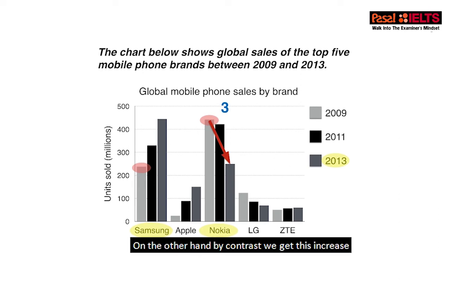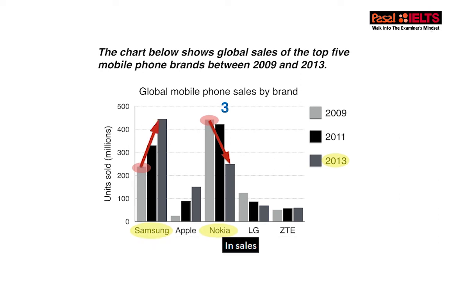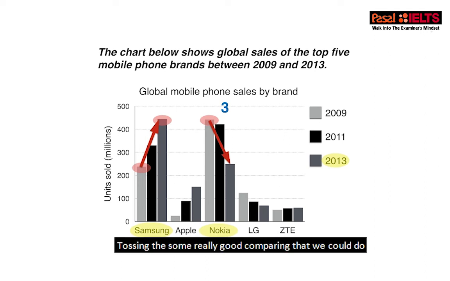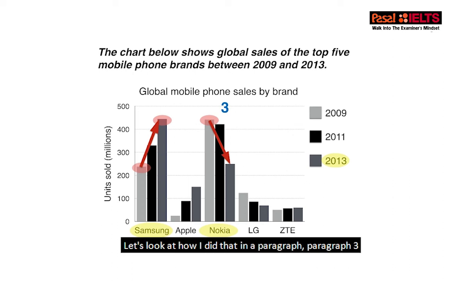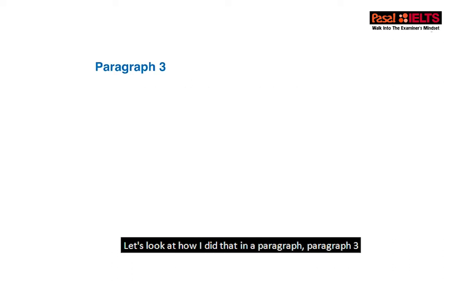On the other hand, by contrast, we get this increase in sales from Samsung to a high point which is very similar to the initial high figure of Nokia back in 2009. So I think there's some really good comparing that we could do between Samsung and Nokia in those 3 different years. Let's look at how I did that in a paragraph 3.